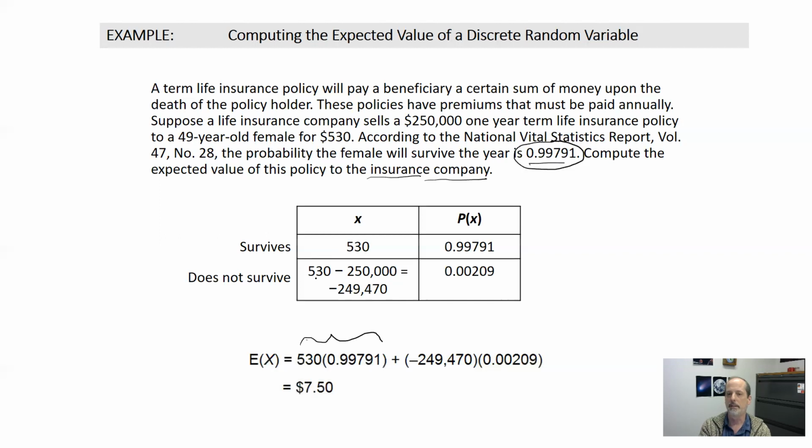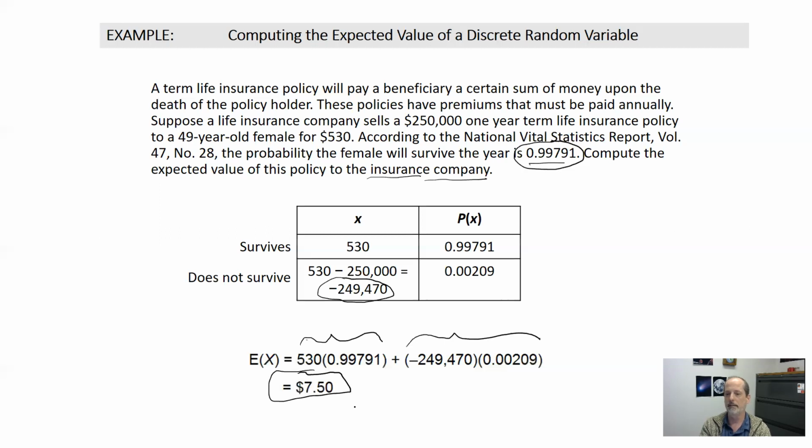So basically, we take that 530 and subtract what they had to pay out, and so we end up with this number right here. It cost them $249,470, slightly less than $250,000 because of the $530 that they received. And then the probability is 1 minus the chance that they survive. So we're going to take that amount and multiply it by that probability. And notice they come up with a positive value.